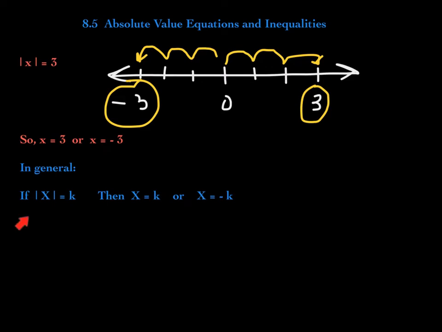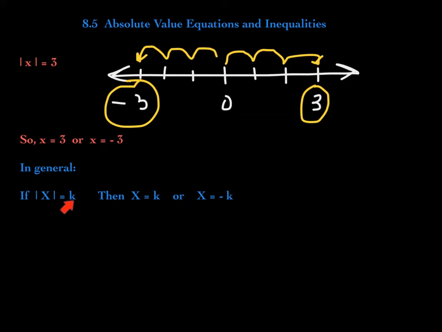So if the absolute value of capital X, which represents just any algebraic expression, is equal to k, now remember k is going to have to be something positive, because the absolute value is always something positive because of its definition. The absolute value of a number is its distance, and distance cannot be negative in this context. So k is guaranteed to be positive.